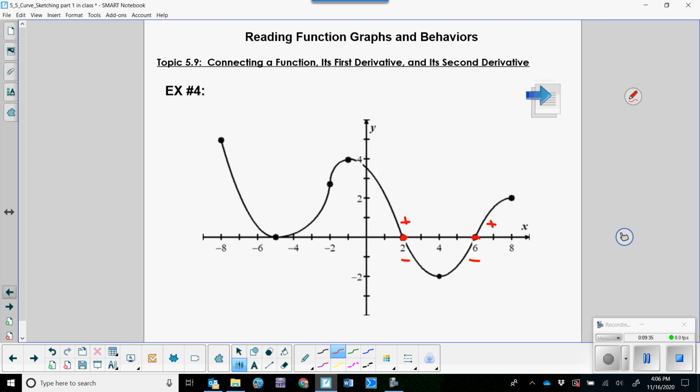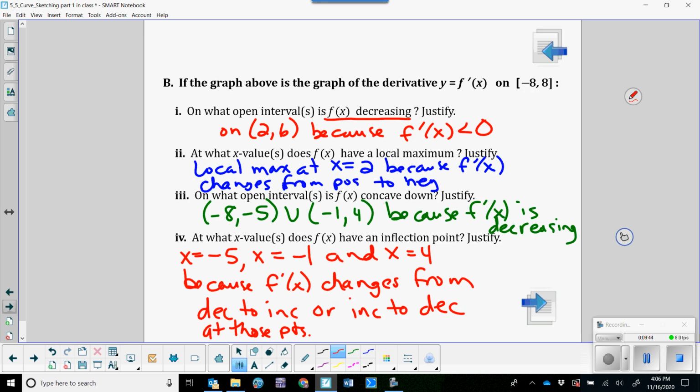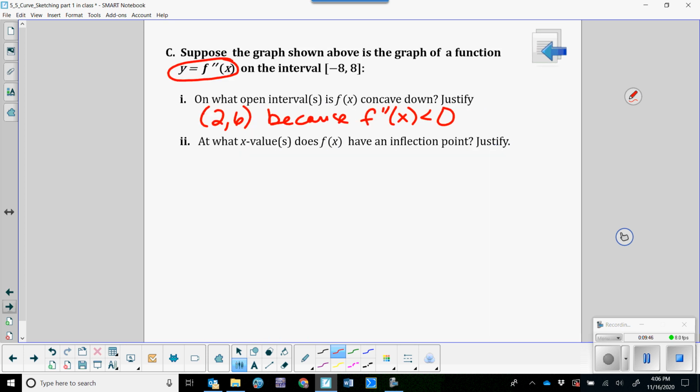So we're going to have at x equals 2 and 6, and that's going to be it, because that's the only place that this function, which is now f double prime, changes. So we're going to have at what values?